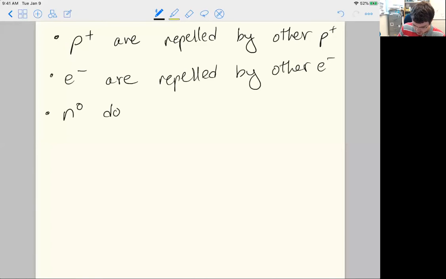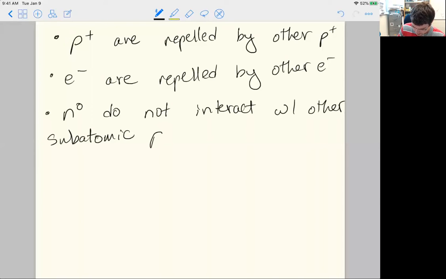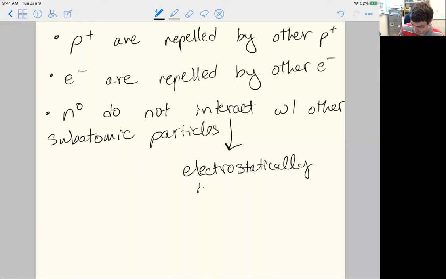Neutrons do not electrostatically interact with other subatomic particles. That is to say that opposites attract and vice versa, likes repel.